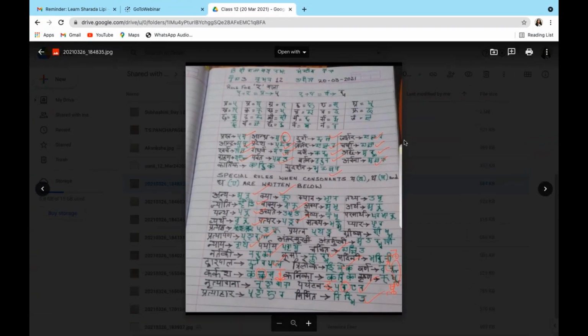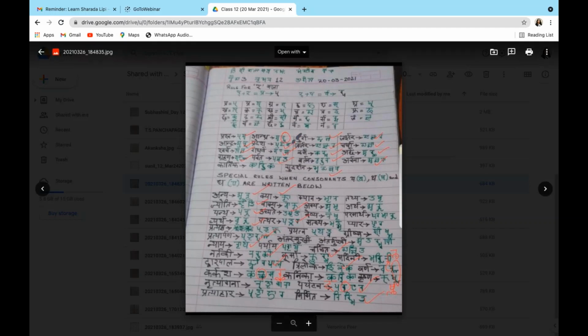Okay, so taking today's corrections, this is from Sanjeev Raina ji. Pretty much most of the work is correct. There are a few corrections.